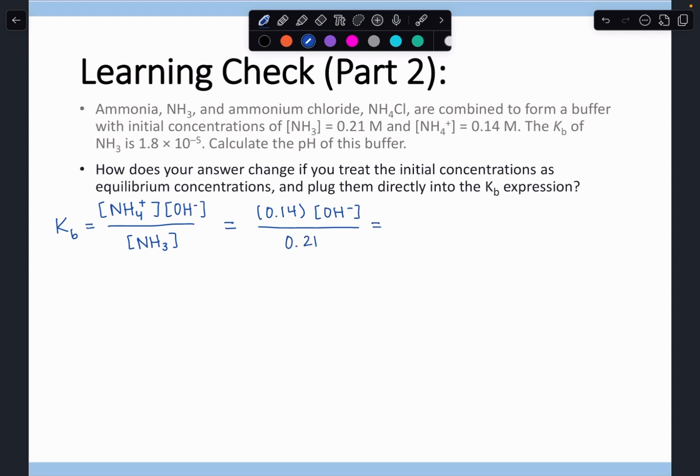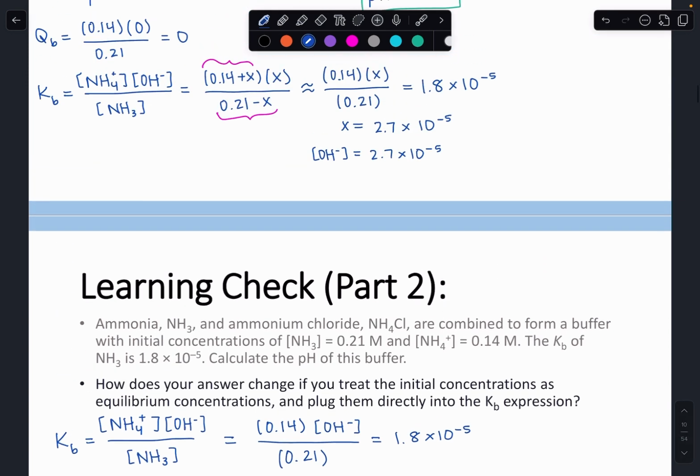Set this equal to 1.8 times 10 to the negative 5. That's the Kb value. We're doing the same calculation we did after the ice table. So multiply both sides by 0.21, divide both sides by 0.14. We get OH minus is equal to 2.7 times 10 to the negative 5 molar.